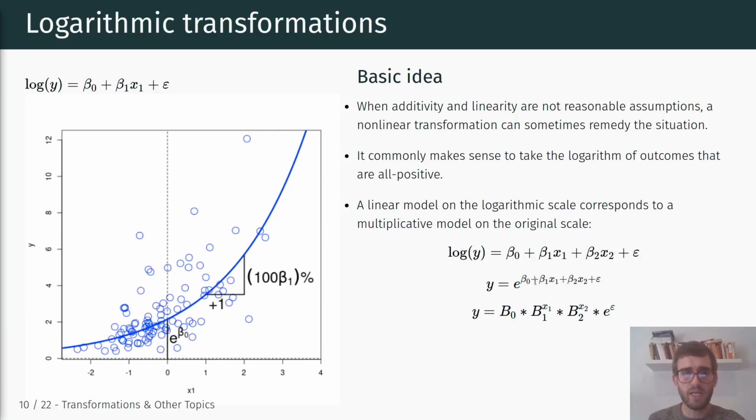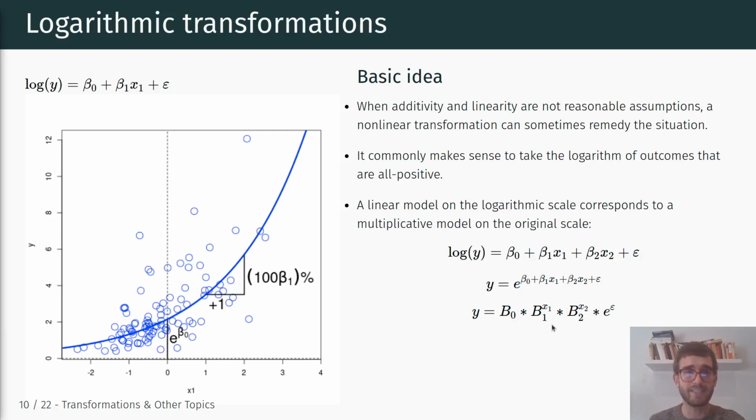Now we can pull apart this sum as a product of exponents, okay? So e to the power of beta 0 we'll replace as capital B 0. E to the power of beta 1 times x1 we'll just write as capital B1 to the power of x1, and so on.